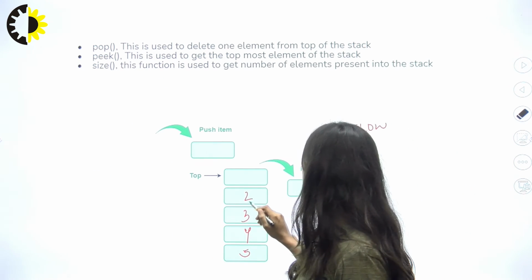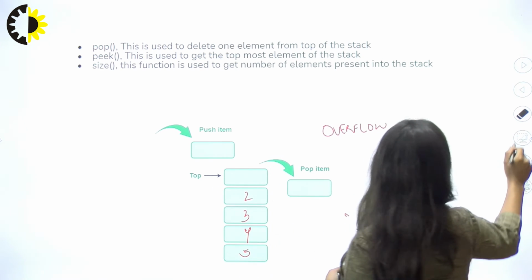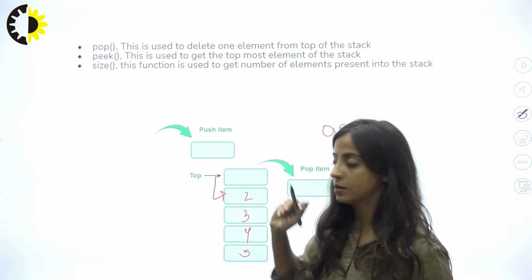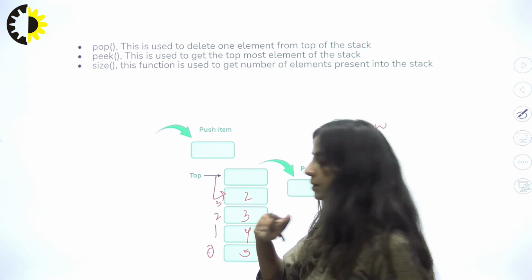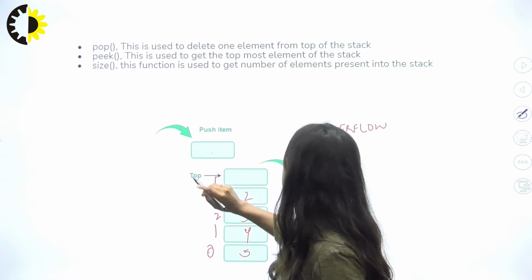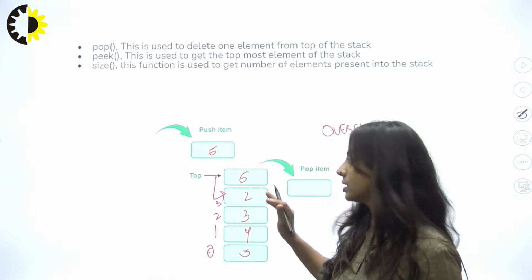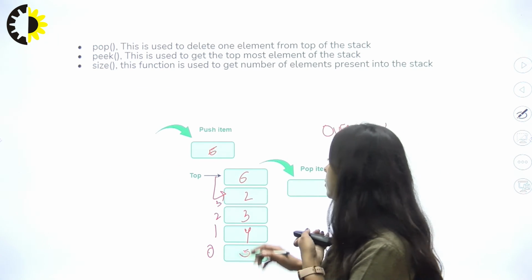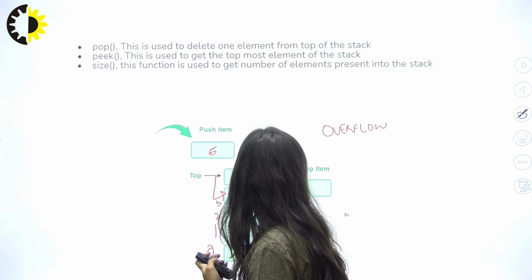Let's say my top was pointing here. This is my indexing 0, 1, 2, 3. Now I inserted this element 6 here. Insertion has been done. So what will my step be? To increment top. My top was 3, now my top is 3 plus 1, which is 4.